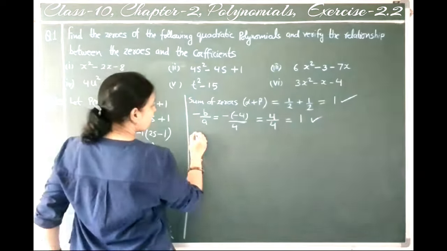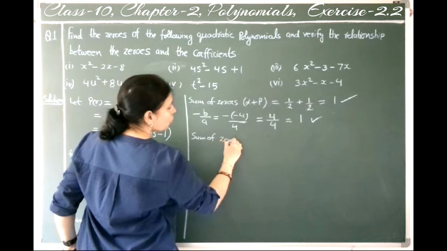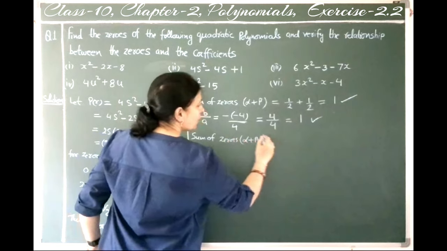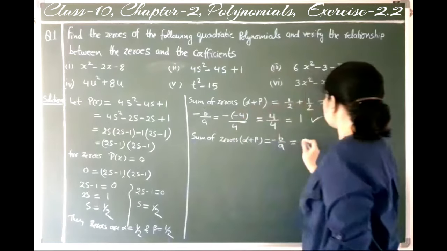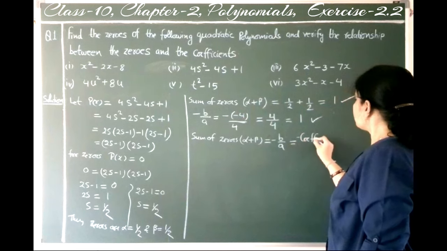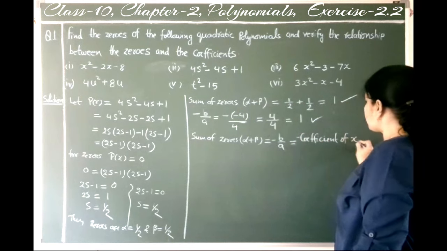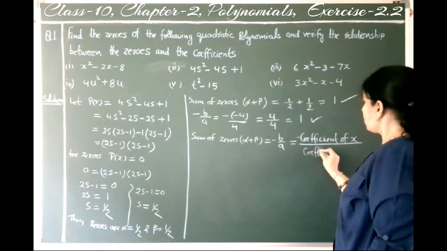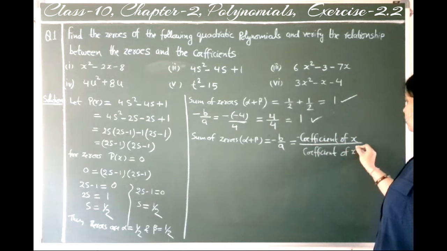This means we can write sum of zeros alpha plus beta is equal to minus b by a, which is equal to minus coefficient of x divided by coefficient of x square.